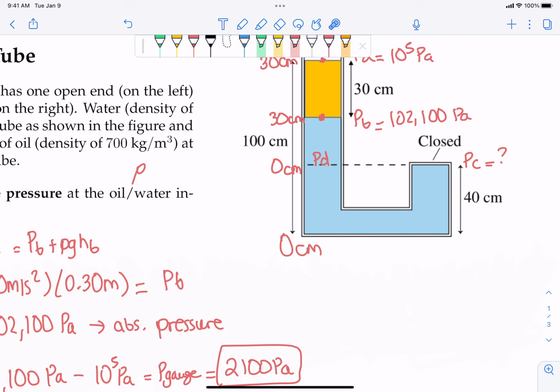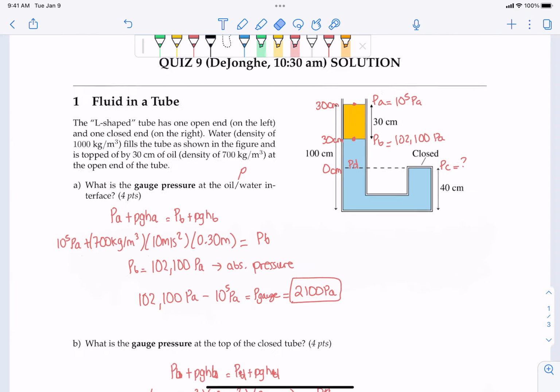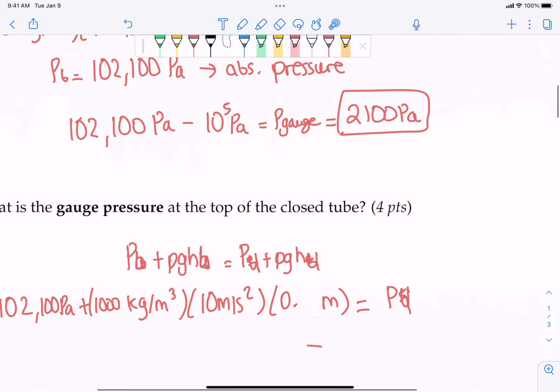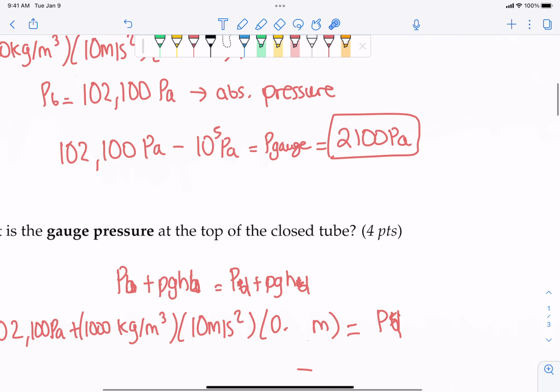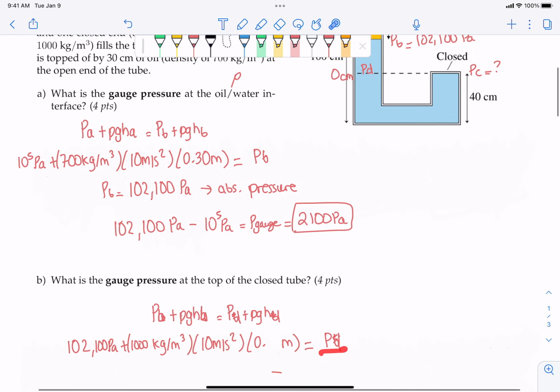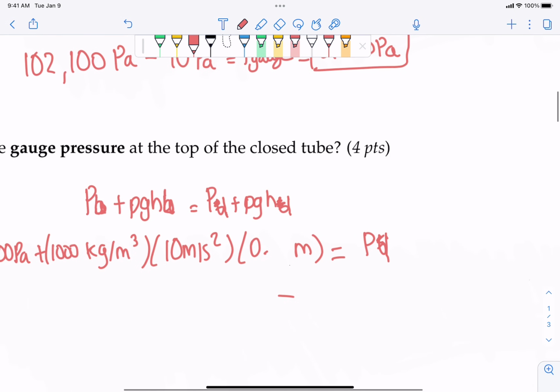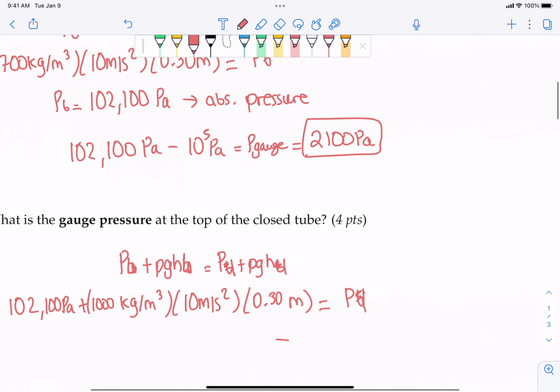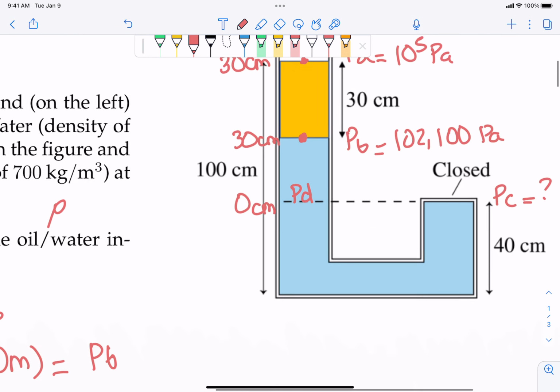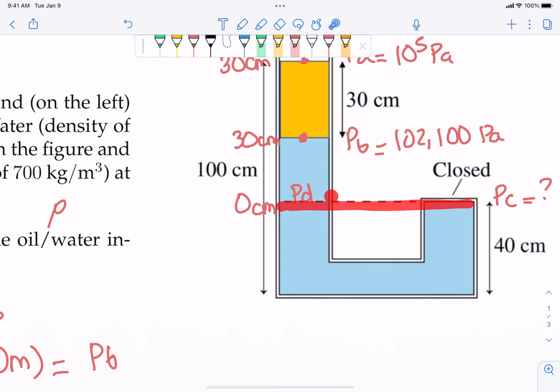So we can set this point as our arbitrary 0 value, so that the HD term will cancel out, and then we can get PD alone. So our height would continue to be 0.3 meters, because we're choosing this as our 0 value, and this height right here is 30 centimeters.